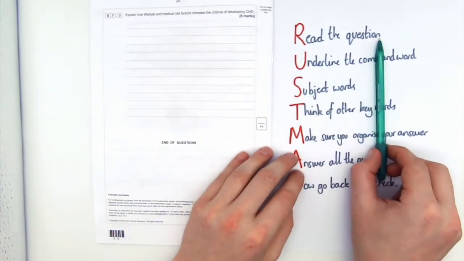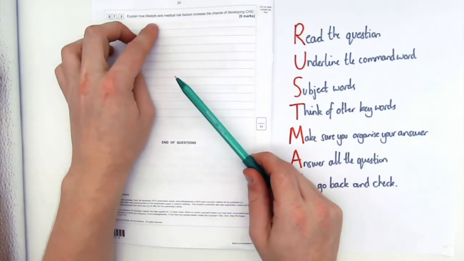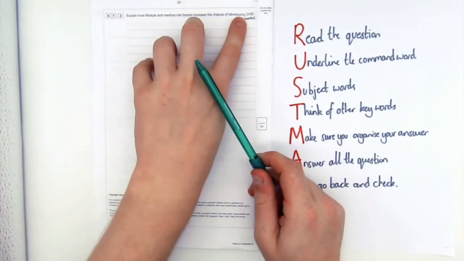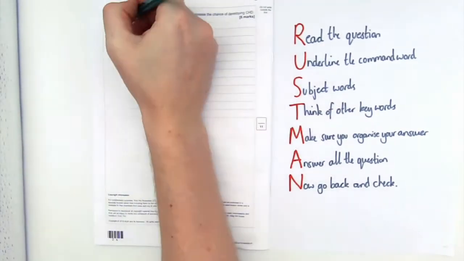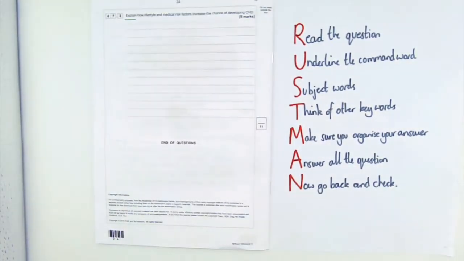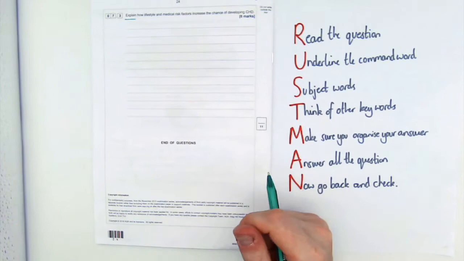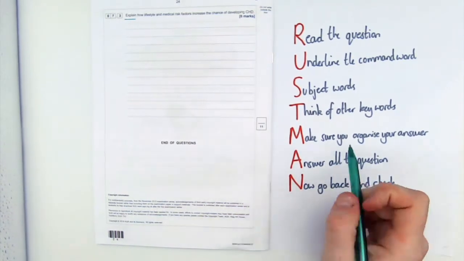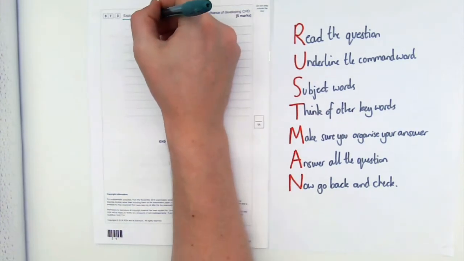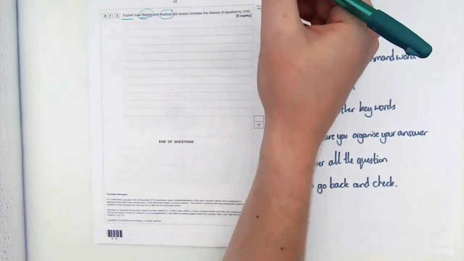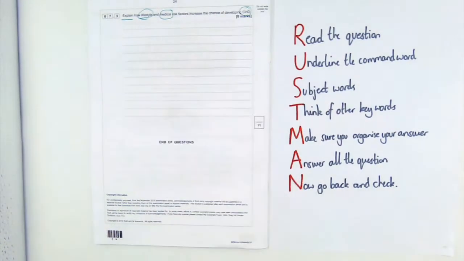So I'll just read the question. It says, explain how lifestyle and medical risk factors increase the chance of developing coronary heart disease. Underline the command word. So I'm going to look at explain. That means I need to say why those things are important. Subject words in here: we've got lifestyle factors, we've got medical factors, and coronary heart disease.